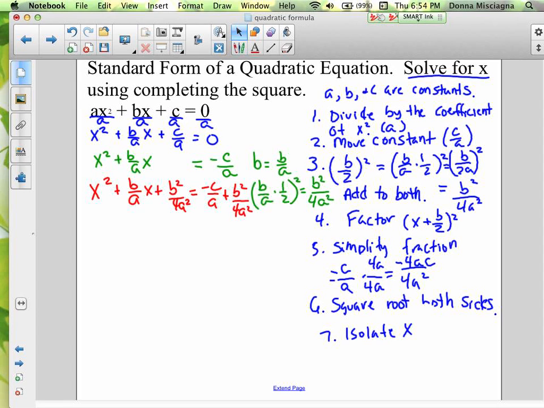Now on the left-hand side, we can now factor. When we factor, remember it's x plus b divided by 2 squared. What's b divided by 2? Well, it's this thing that you squared. Actually, I'm going to highlight it.